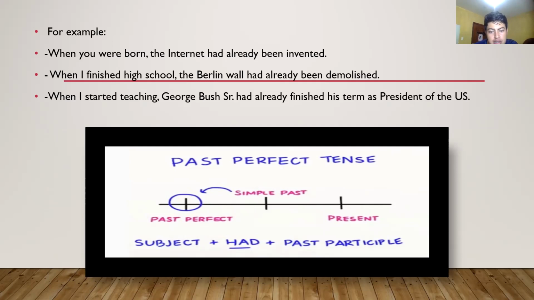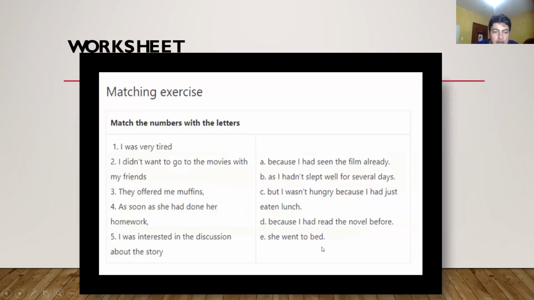Okay, so here we see the rule, how the past perfect tense is formed. As we see, the simple past is in the center and the past perfect is to the left. So the rule is subject plus had plus past participle.